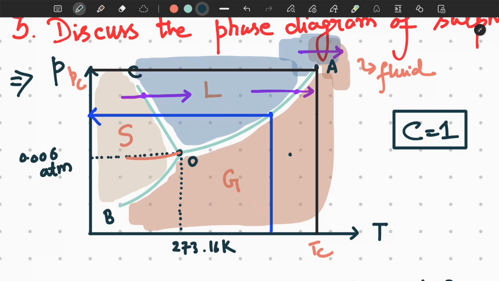Ice has a particular structure, a tetrahedral structure, and water has to make that structure. So at 0 degree centigrade during phase transition, the molecules of water rearrange and make the shape of ice. The structure will be like ice, the solid state structure.